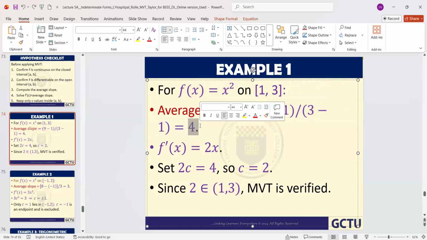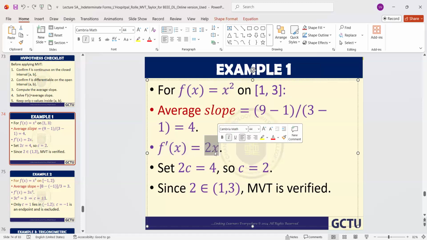So we have evaluated the slope. Now let's differentiate this equation. If we differentiate x squared, we get 2x. Now, this is our point c, so 2c must equal the slope. If I equate 2c to 4, I end up getting c equal to 2.